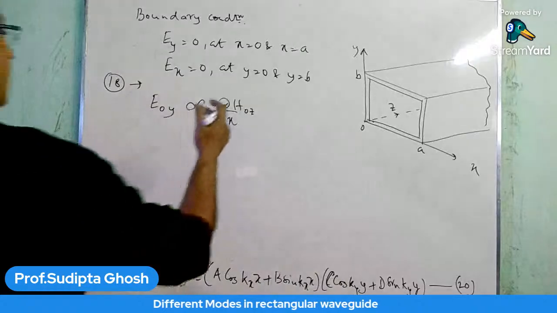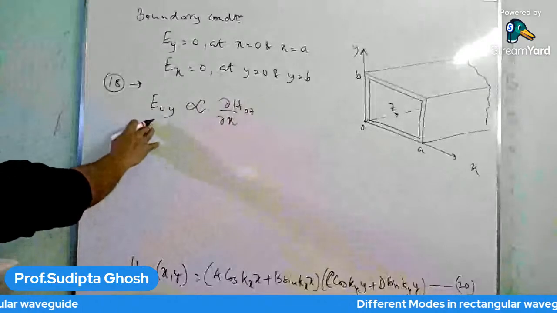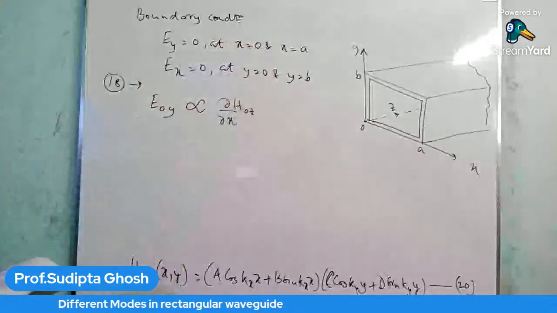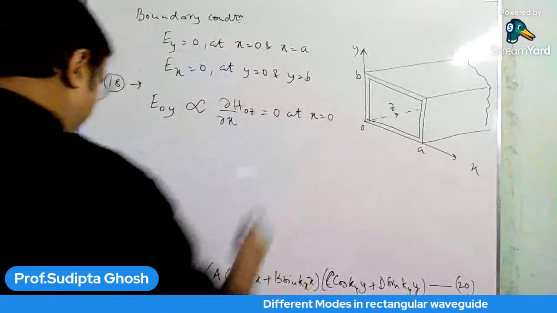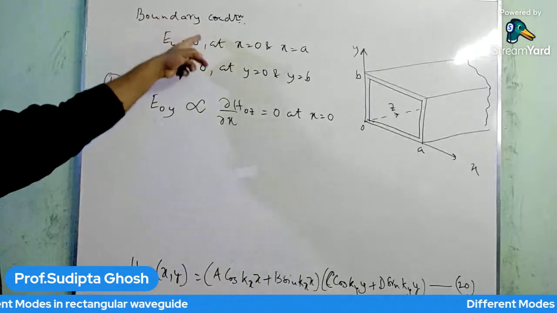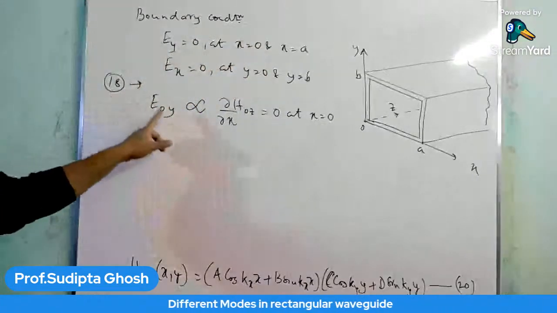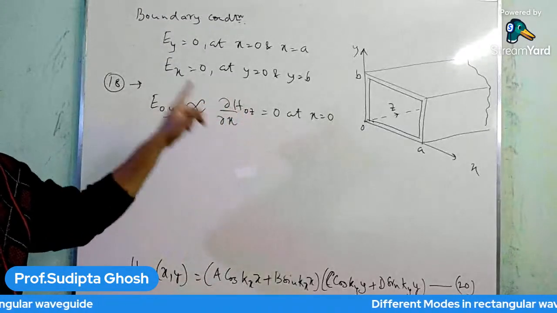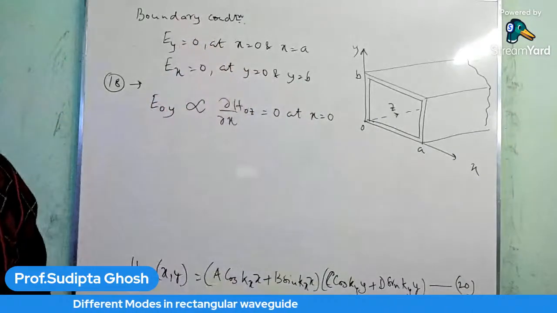And as the boundary condition tells us that the electric field along the y-axis, EY, will be 0 at x equals 0, this value will be 0 at x equals 0. So del x of HOZ will be 0 at x equals 0, following this first boundary condition.